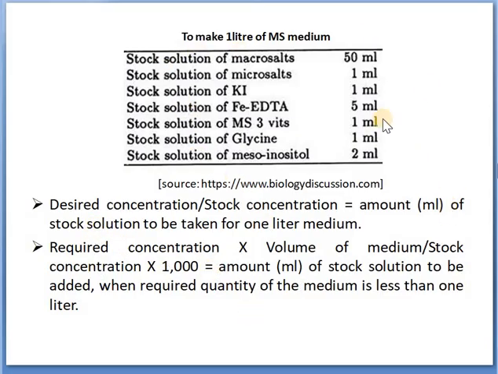For an example, I have mentioned the volumes of different stock solutions, namely macro, micronutrients, potassium iodide, iron EDTA, the 3 different vitamins, the amino acid supplement glycine, and myoinositol for preparation of 1 liter of Murashige and Skoog medium in this table.